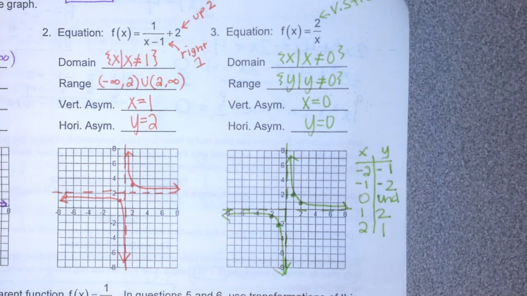Yeah, because we had no shifts. Are we okay with these transformations of the odd reciprocal function? Can I move on?